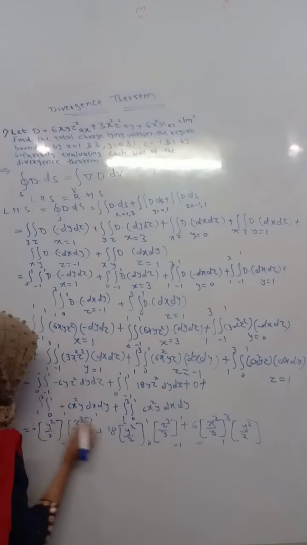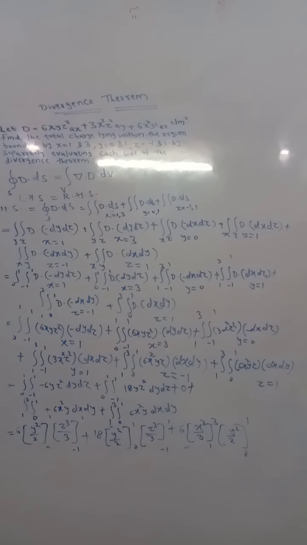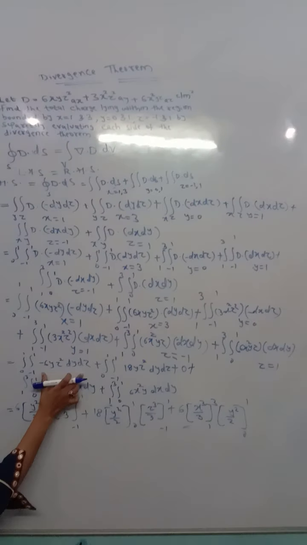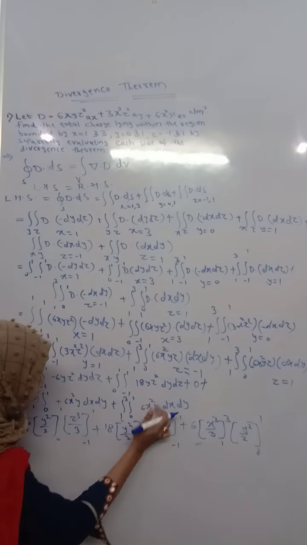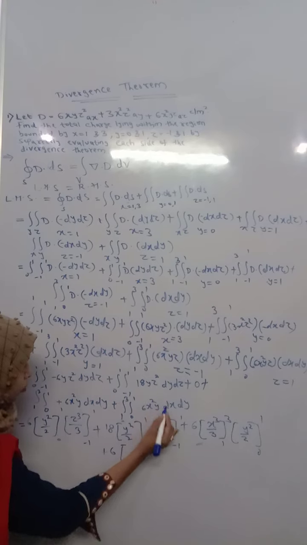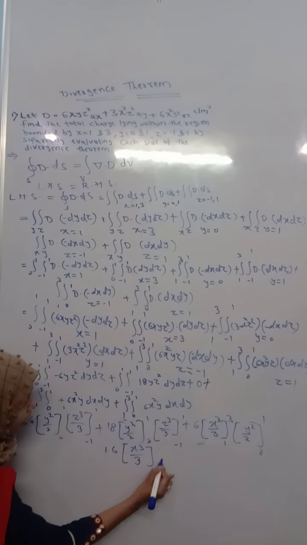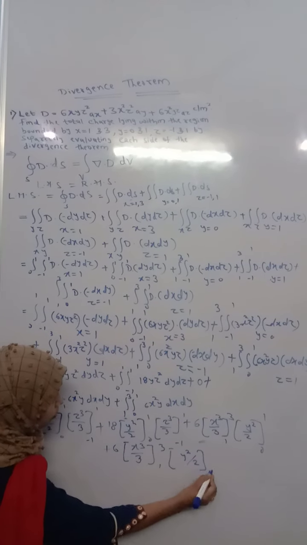And what are the limits? 0 to 1. So this part related to this, this part related to this. Last part is remaining, that is nothing but 6 outside, x square dx. So x cube divided by 3, limit will be 1 to 3 and the y dy is y square by 2, limit will be 0 to 1.